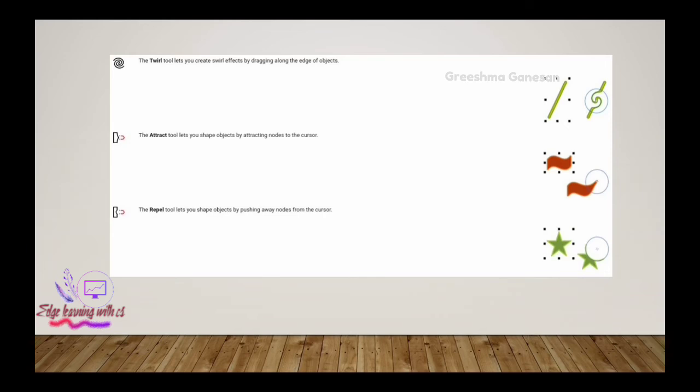Then the ripple tool. It lets you shape objects by pushing away nodes from the cursor. So you can easily make designs like these. Here you can see a star mark, and we are removing some of the part and fixing some other design here. Actually it is looking like a ring.